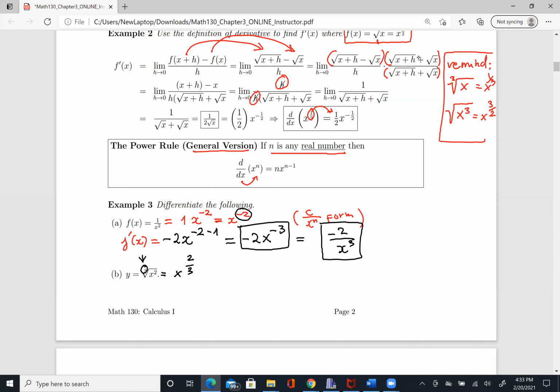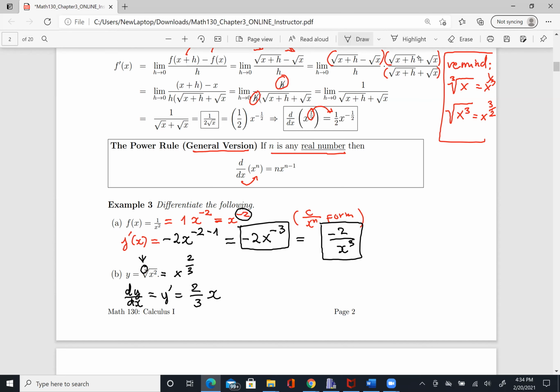So I can take the derivative of it, and if you want to write it as y derivative like that, it's just going to be equal to 2/3 in the front, right? Now the variable is x, and the new power will be 2/3 minus 1.